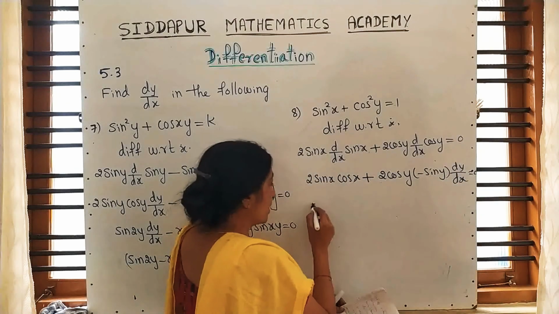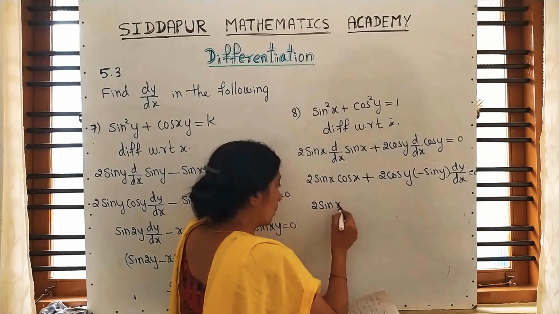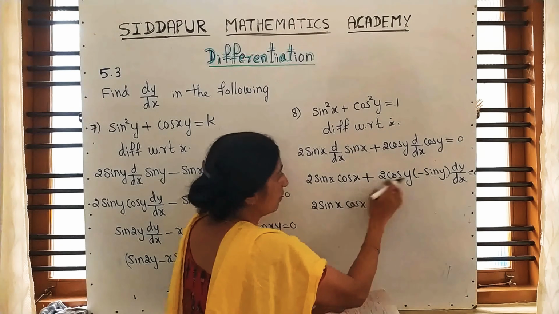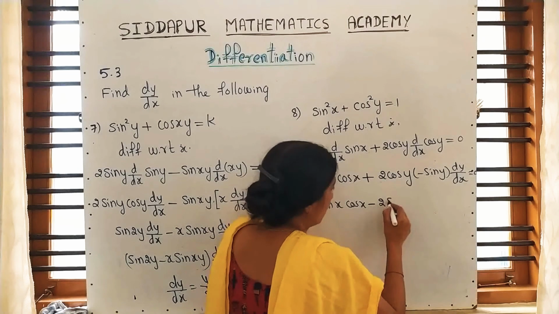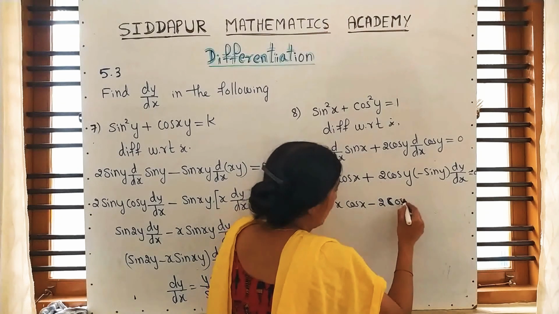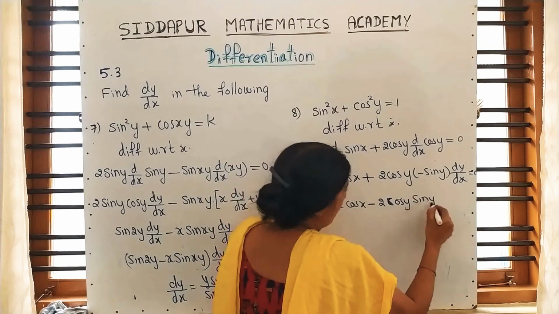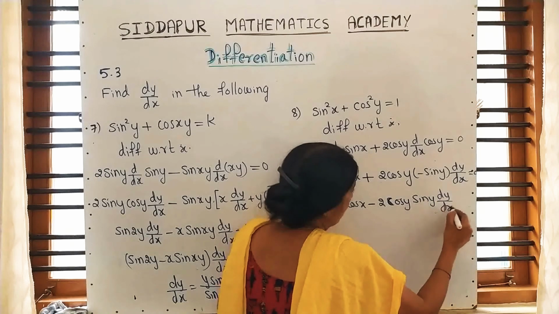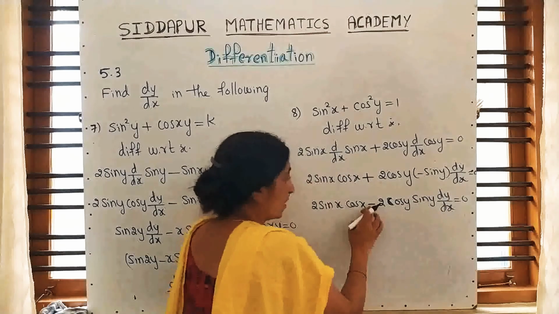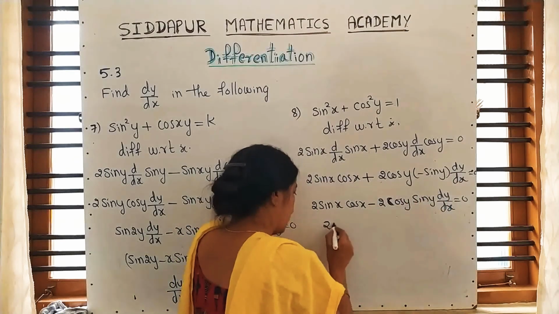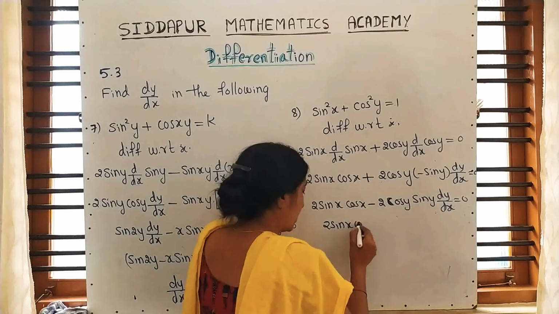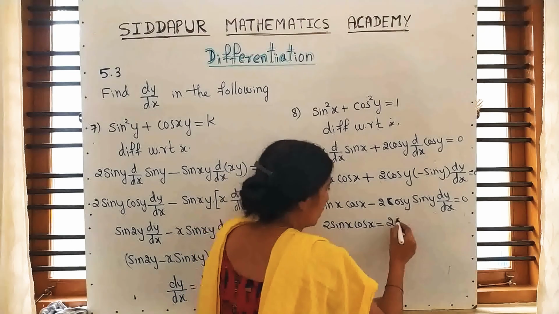Before moving to the next step, I am writing one more step here. 2 sin x into cos x, this plus into minus is minus 2 cos y into sin y into dy upon dx is equal to 0. This minus term I am taking on that side. The rearrangement is left with students.